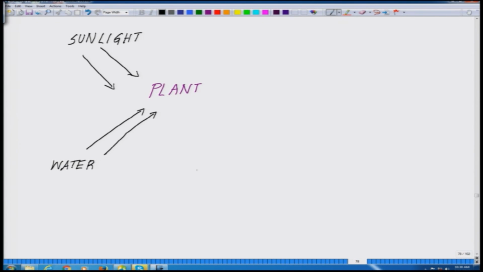Then, in terms of growing the plant or the crop, I am just putting energy plants or energy crops, you need fertilizers and nutrients.